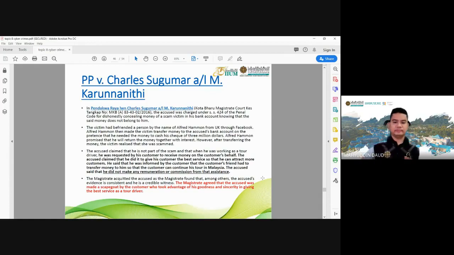So dia ni macam he was just trying to be a nice tour driver so that he can attract more customers. Dia kata kat sini he did not even make any remuneration or commission from assisting that customer to receive money on behalf of that customer. Because of this, the magistrate believed that the accused was a scam victim and was made a scapegoat.